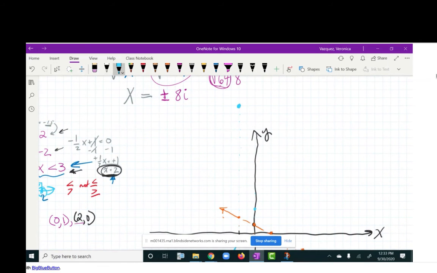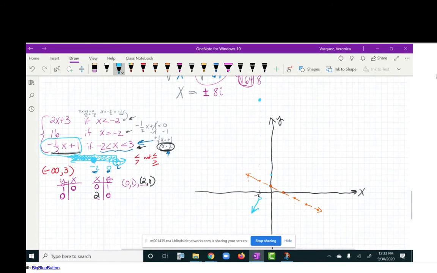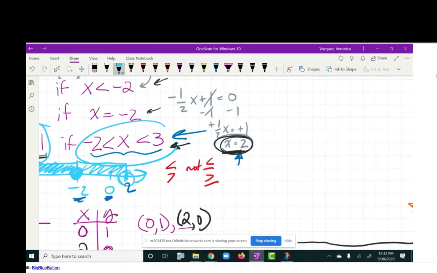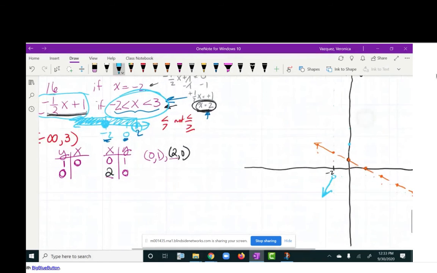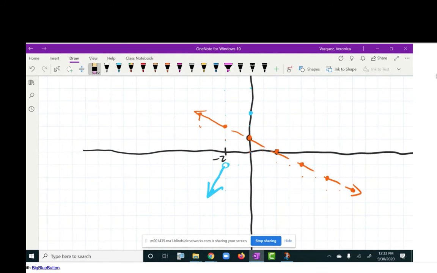Okay. Now, my orange function is the last one that I graphed. That one is only true for -2 up to 3, and then it ends. So I can follow this one from -2 up to 3, so 1, 2, 3, up to around there, and then it ends.